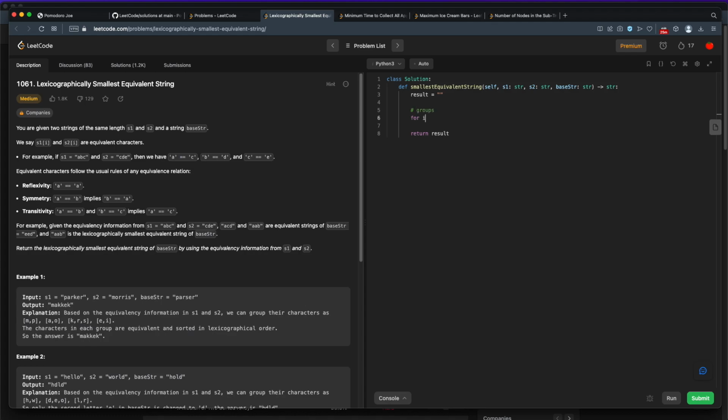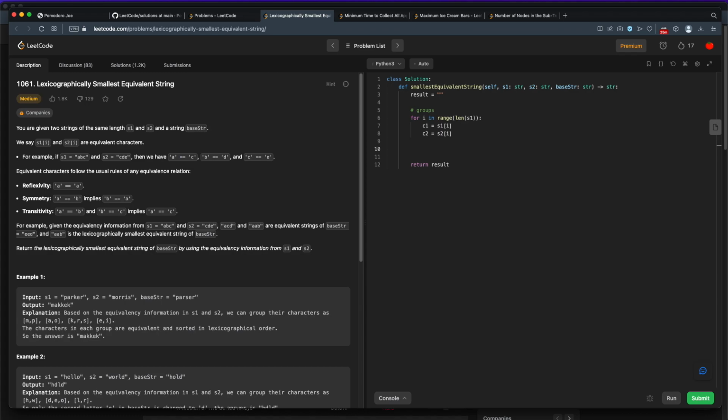So for each index in our range of length S1, we will have some character at that index. C1 is equal to S1 at index I, and C2 is equal to S2 at index I. And then we'll group these together.